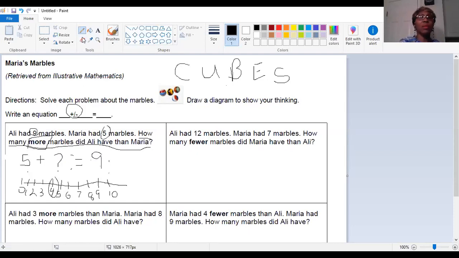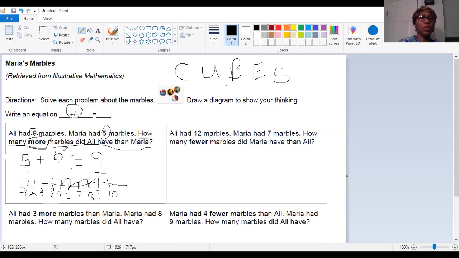Well, erase this right here. We can start at, try to be gentle, not erase the whole thing. We can start at 5, right? Here's 5. And we have to end at what number? 9. So let's see. 1, 2, 3, 4. Guess what the number is? 4.